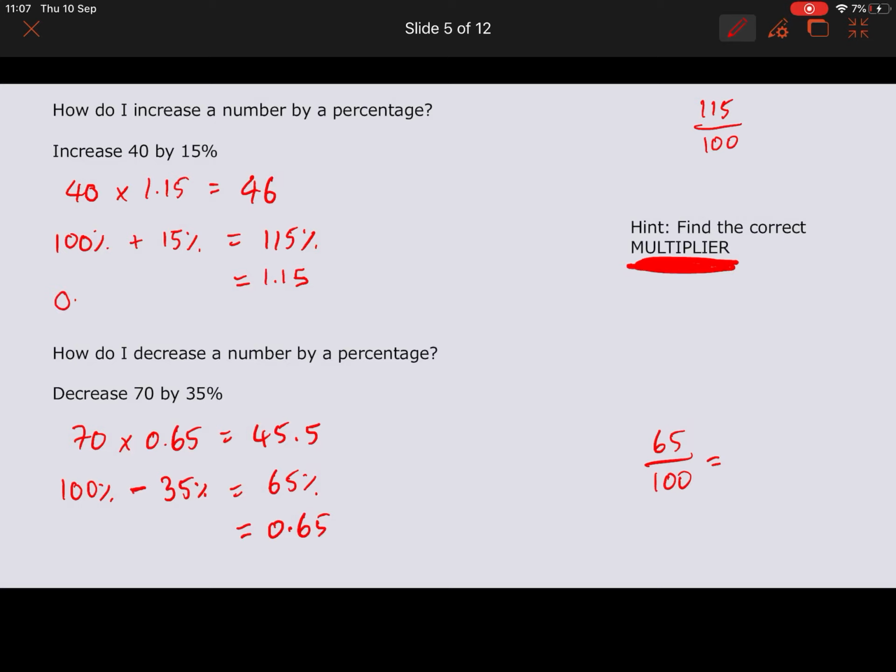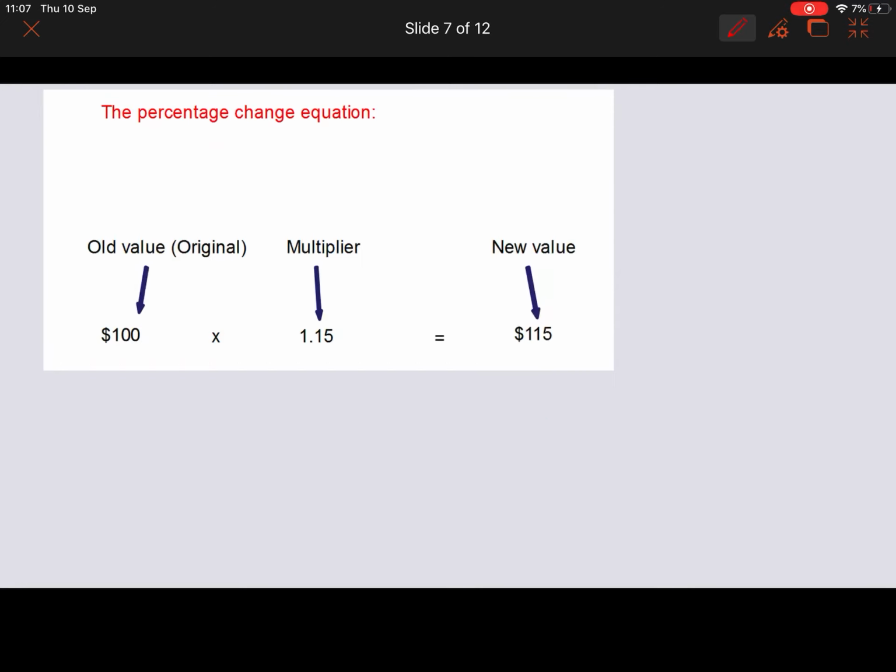So let's just look at what I actually did when I wanted to increase 40 by 15%. I took my old value of 40, I times it by the correct multiplier, and that gave me a new value, okay? So that is what we have here.